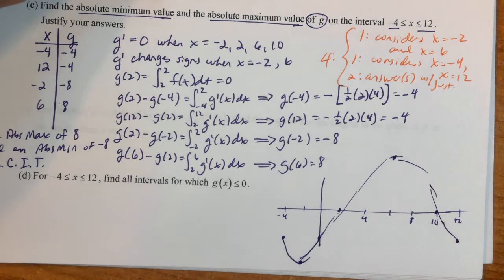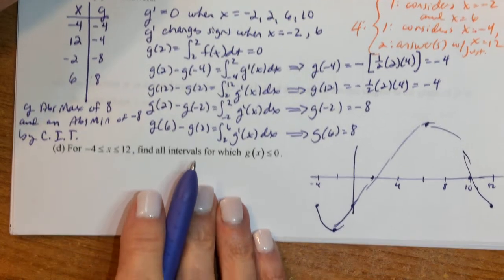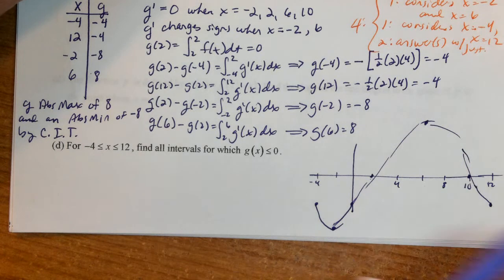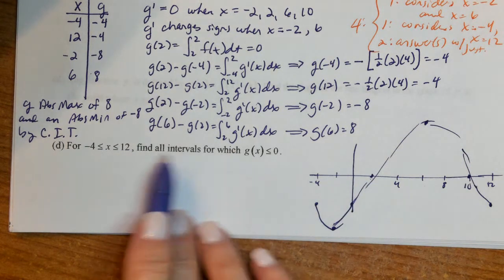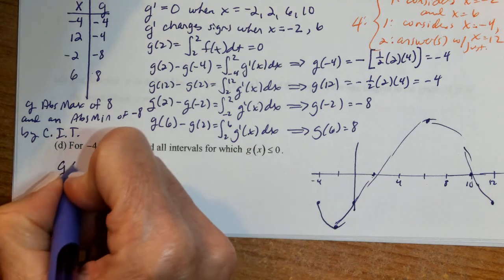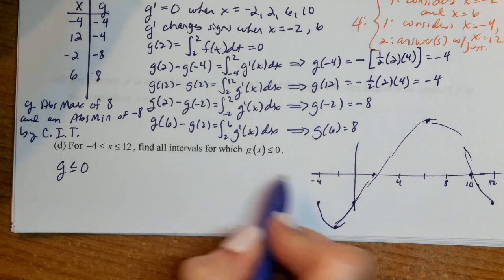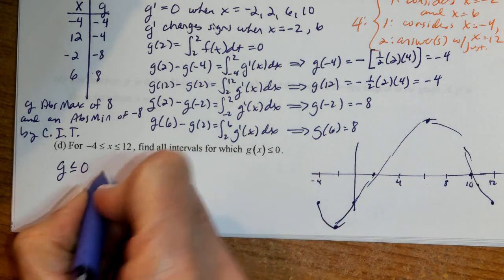that. We did not have to justify, thank goodness, because this would be hard to put into words. It would be hard to put what we did here into words. So they did not have us justify, they just want the answer. So g is negative or equal to. So we're going to get these equal to's as well.